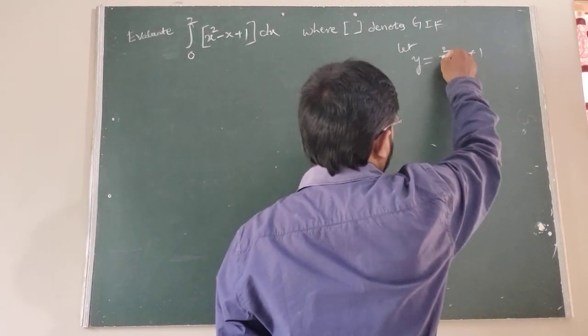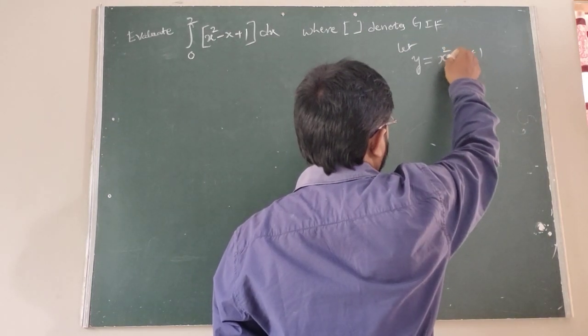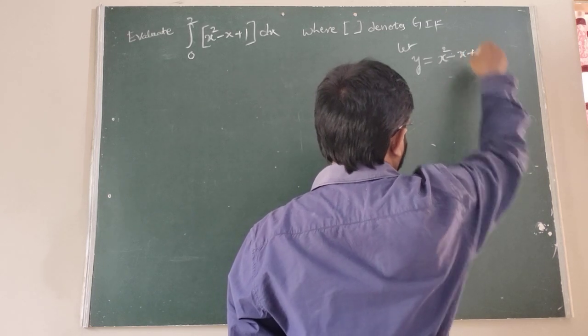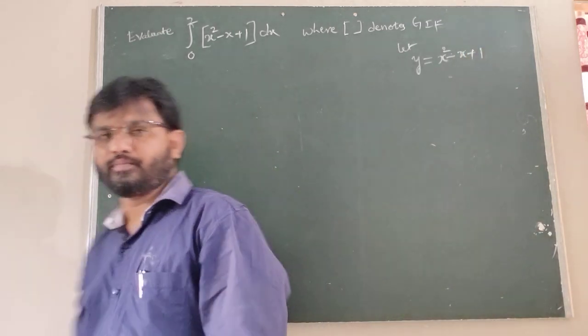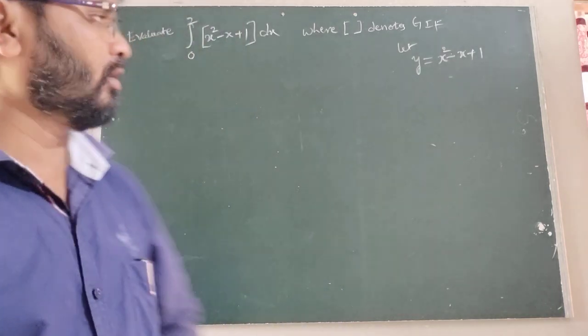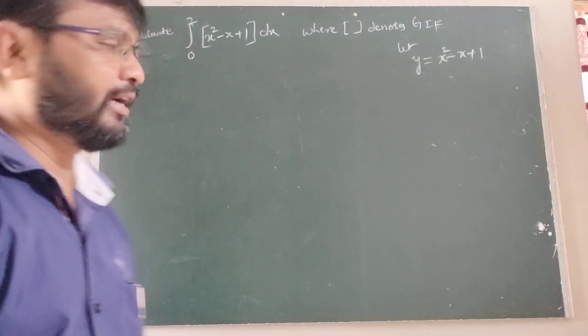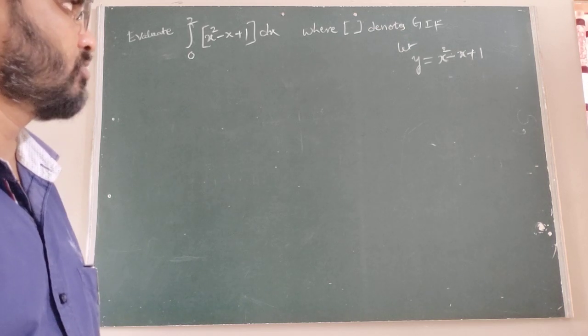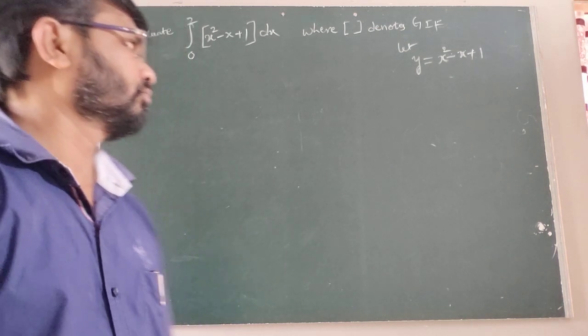So after completing the parabola, we have to get a clear observation about this type of curve. When we complete the square, undoubtedly we will know the particular idea of that curve. So y equal to x square minus x plus 1.